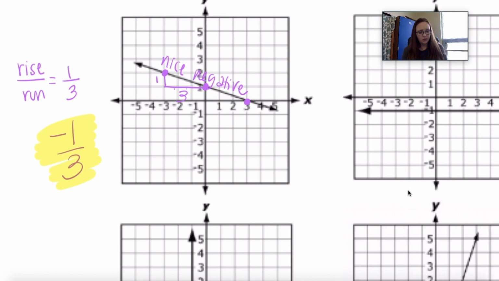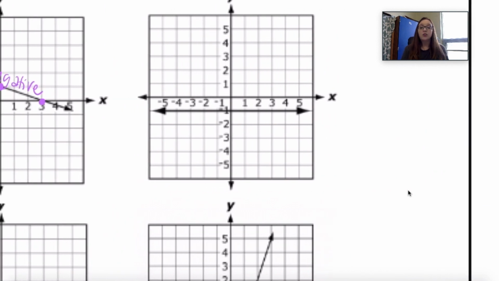Let's go to this next one on the right. For this one, this is a horizontal line. So if I'm going to find 2 points, and there are several points, I can't really make a triangle here. Remember, Slope Dude would say this is zero fun, which means that this line has a slope of 0.